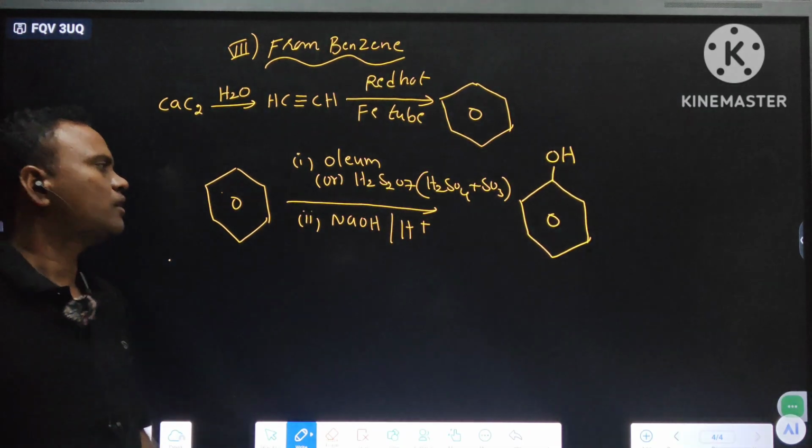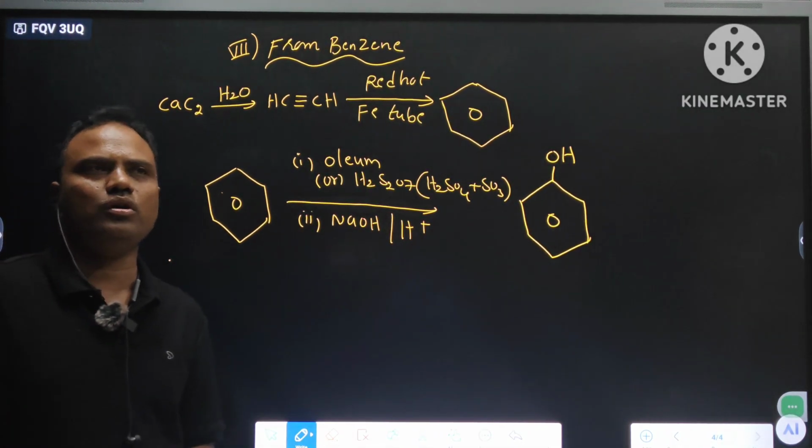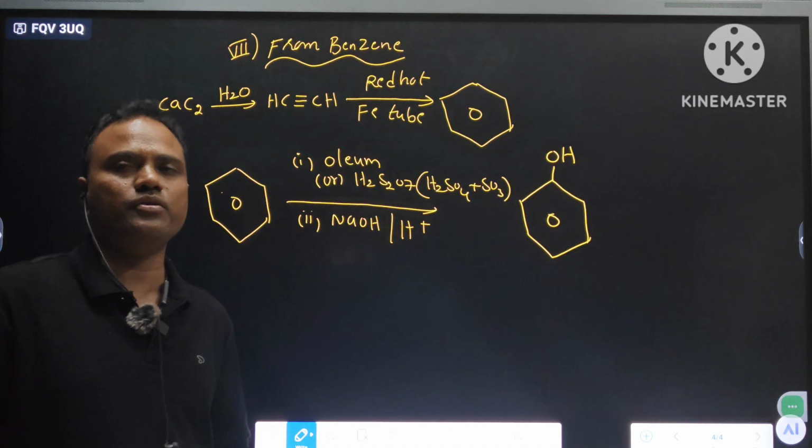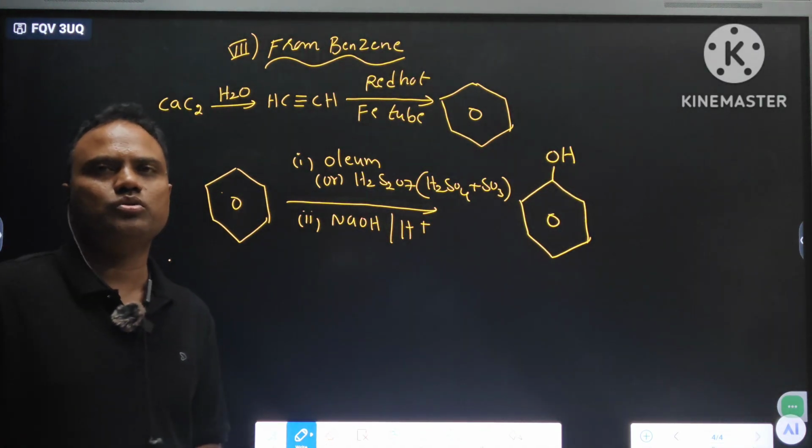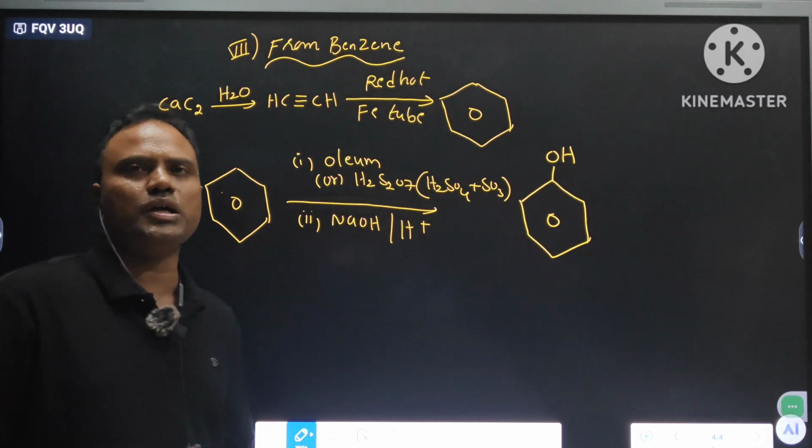Okay. Benzene to phenol. How to get phenol from benzene? By adding oleum followed by sodium hydroxide treatment followed by acid treatment.